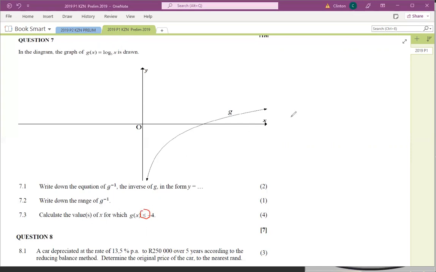So here, remember my g function was y equals 5 to the power 2x. The reason I'm writing this is because I'm seeing g there.